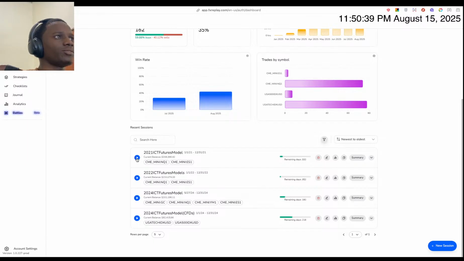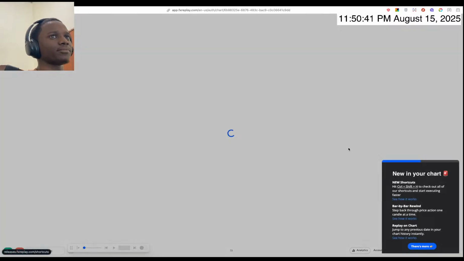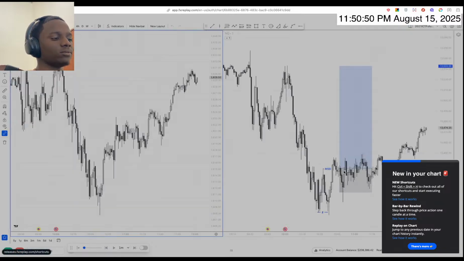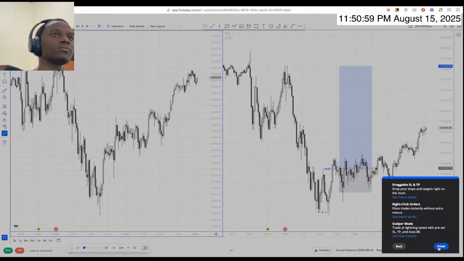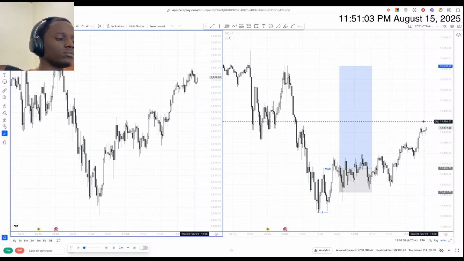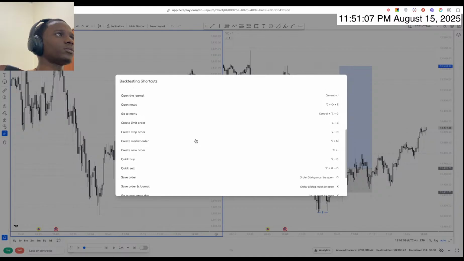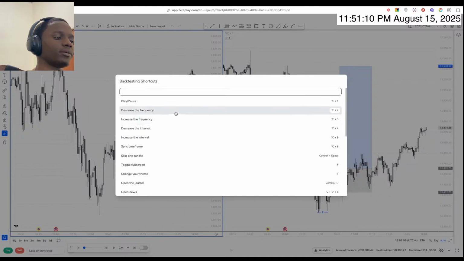Today's 2021 futures model is really looking nice. Okay, so this is what the remaining.